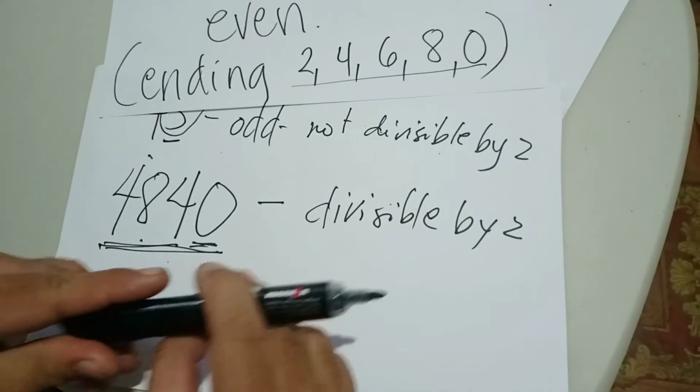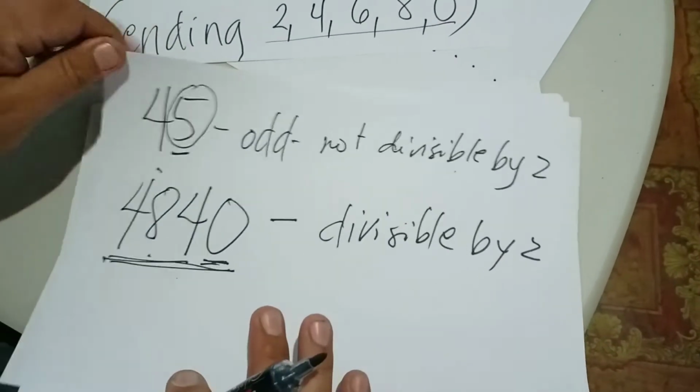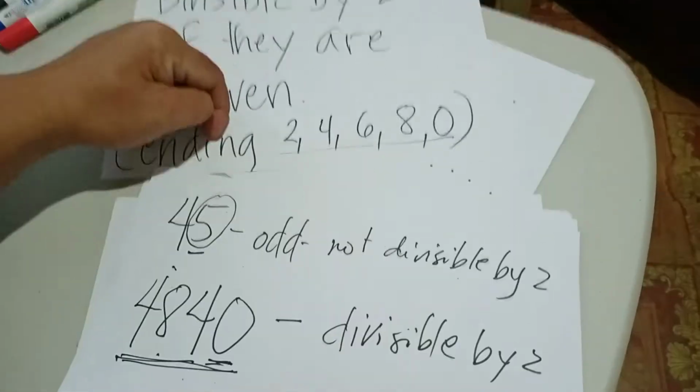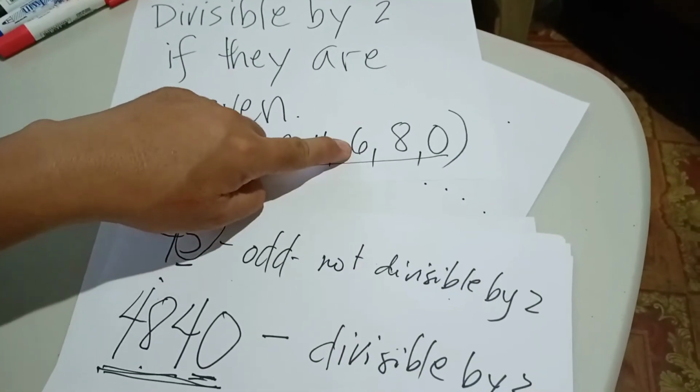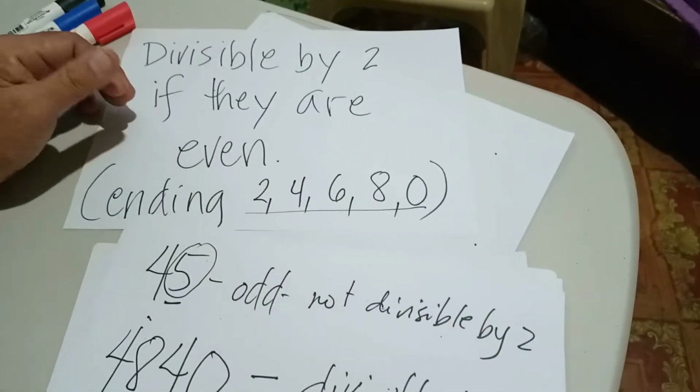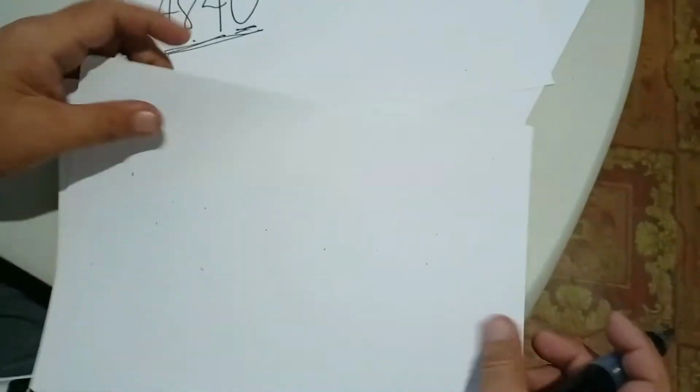Okay, let's proceed now to divisibility by 5. So, tandaan na, nagtatapos sa 2, 4, 6, 8, and 0. So, pwede natin mahati sa 2. And, number is divisible by 5.